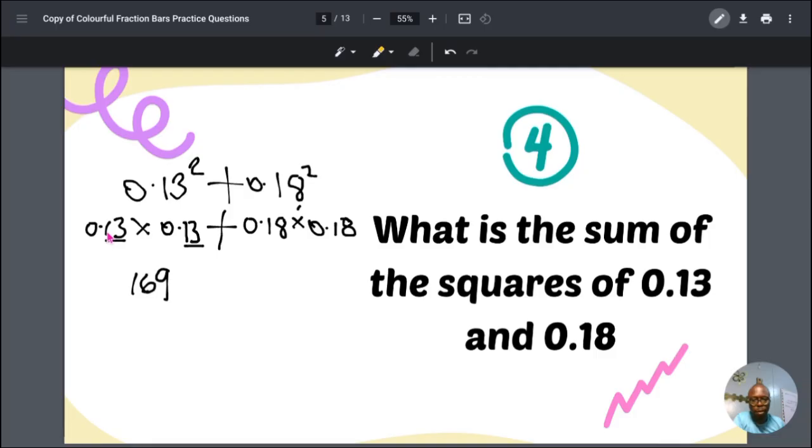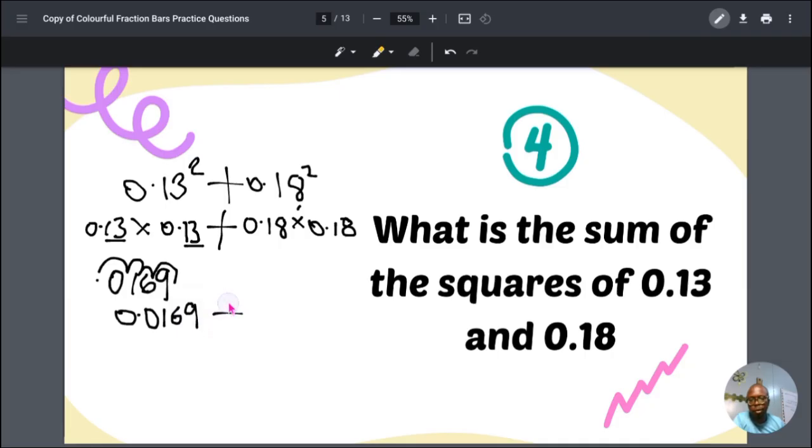So we have 2 decimal places here and 2 decimal places here. You add the decimal places together and put it in your answer. 13 times 13 is 169. So 4 decimal places: 1, 2, 3, and 4. So the point stays here, and the empty spaces are 0. So here it is going to be 0 point 0 1 6 9.